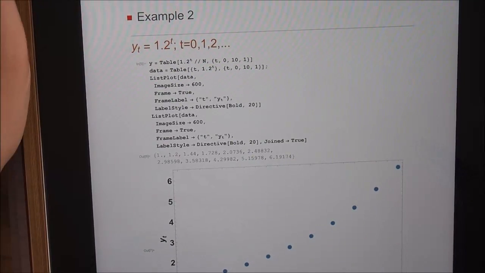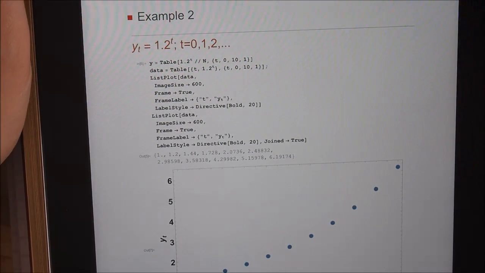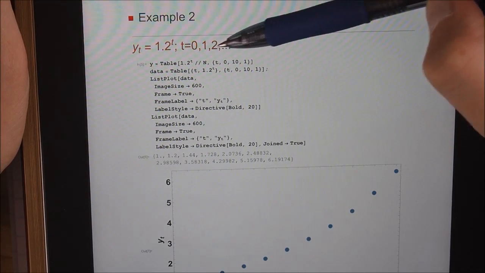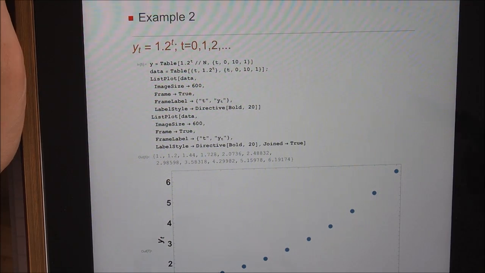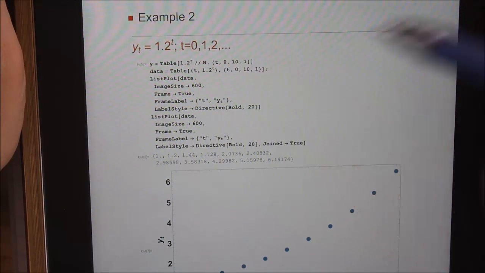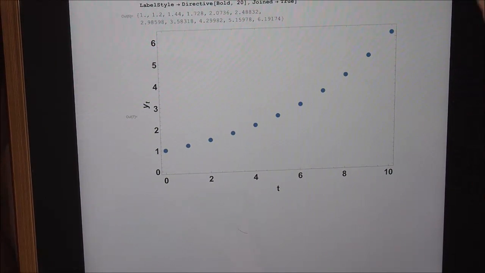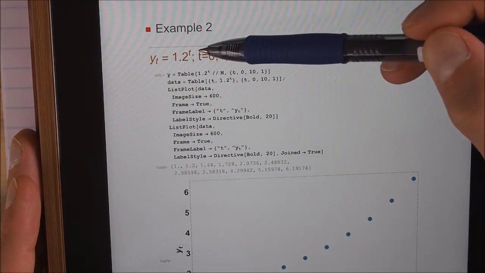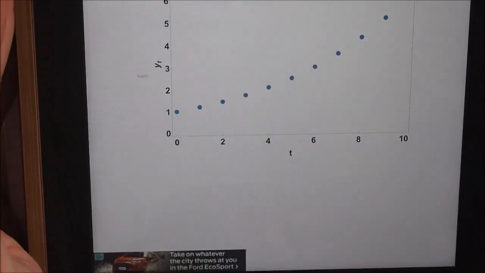Similarly, the second example we have is y_t equals (1.2)^t. Okay, so t again is discrete: t equals 0, 1, 2, and so on. As t increases, 1.2 to that power is going to get bigger and bigger, and we again see that the solution grows. We note that because 1.2 is bigger than 1, as I take this to higher and higher powers, this number gets bigger and bigger, so the solution is going to grow.